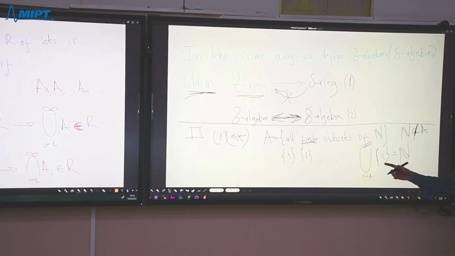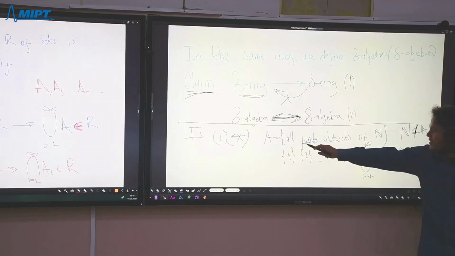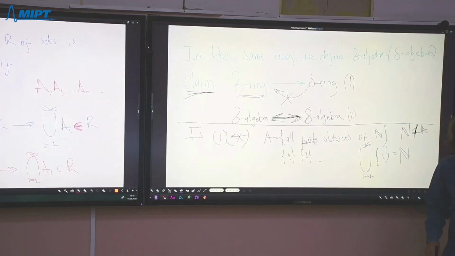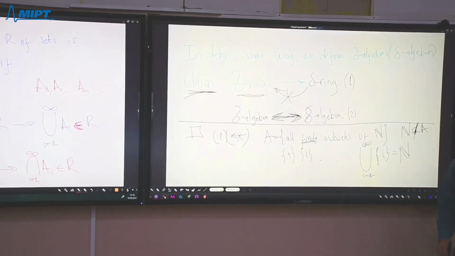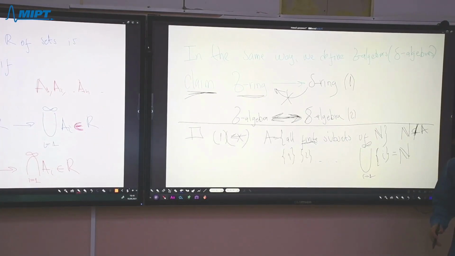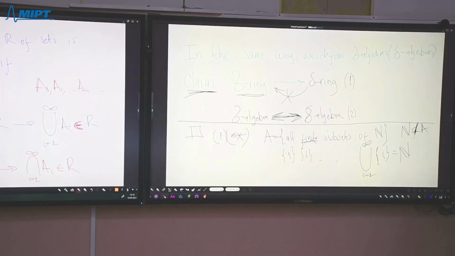But we can take all natural numbers. Think of any natural number, as big as you want. This is going to be an element of A, if we take A as all the finite subsets of the natural numbers.